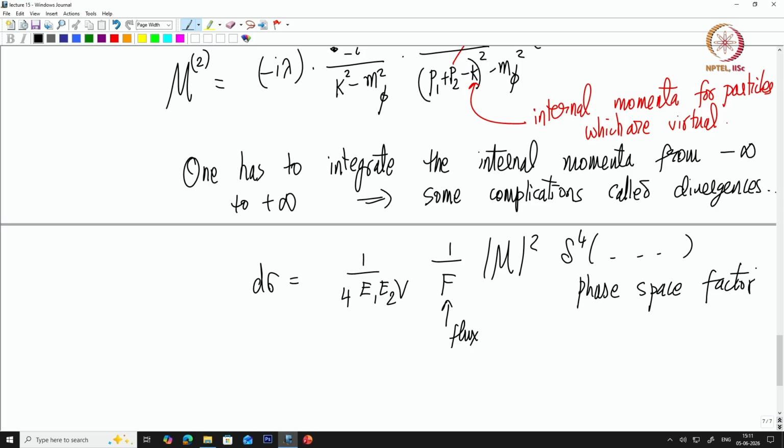So for a simple 2 to 2 process the differential cross section is given by this particular fraction, so you put it back into this amplitude. The cross section goes as the square of the amplitude.